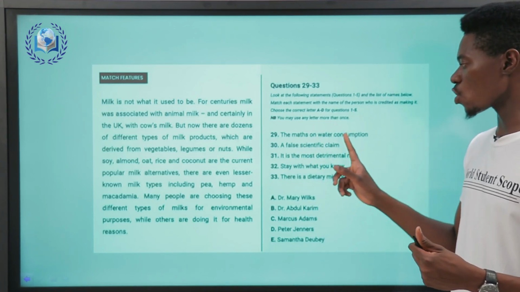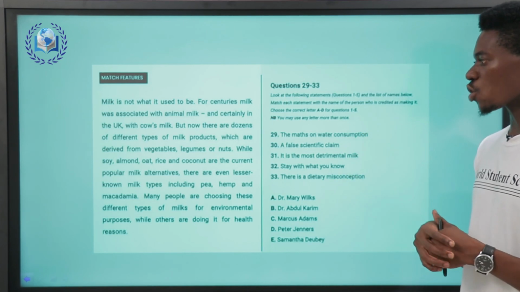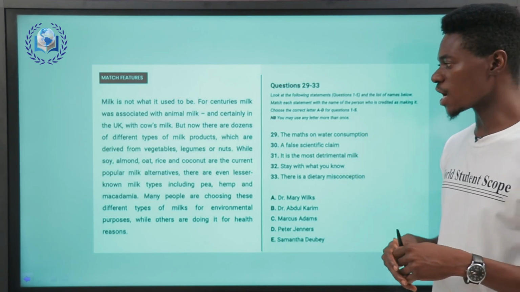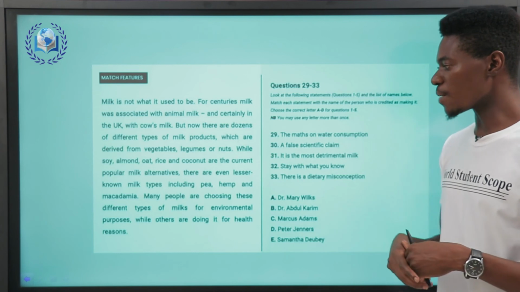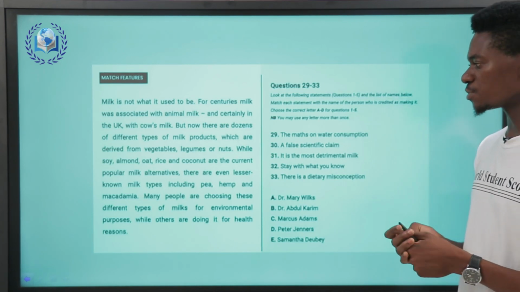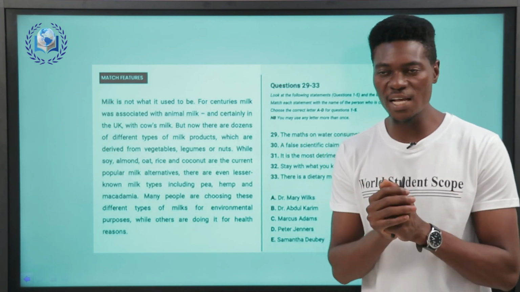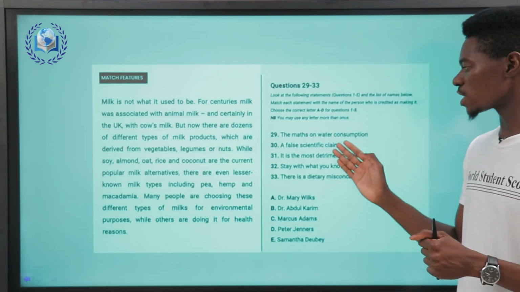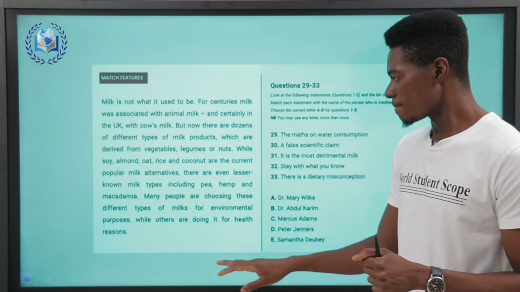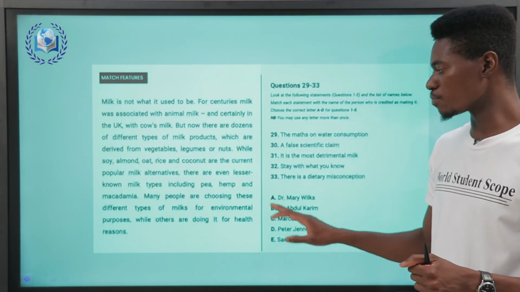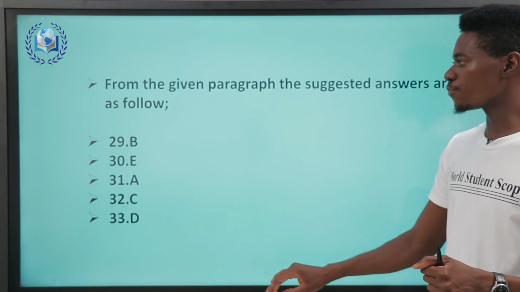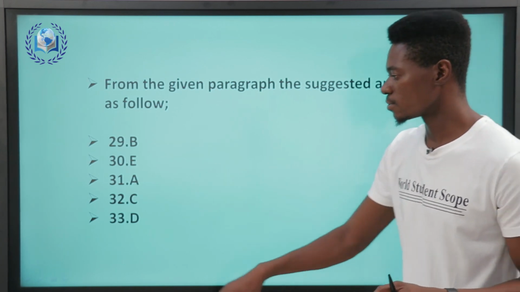The myth on water consumption. Who has talked about the myth on water consumption? So you try to take a look from the passage given to see who has talked about it. But in our answer, who has talked about the myth on water consumption, we will find is B.